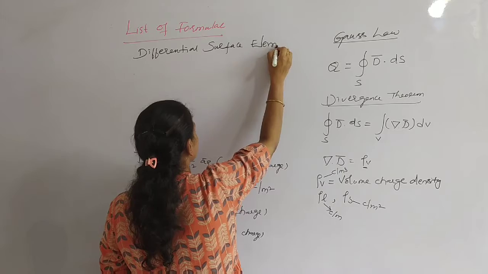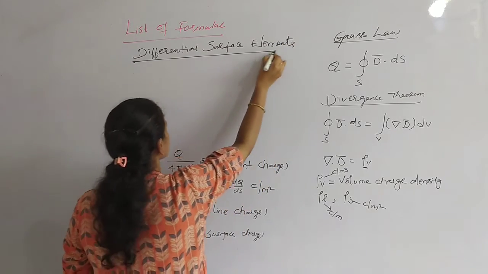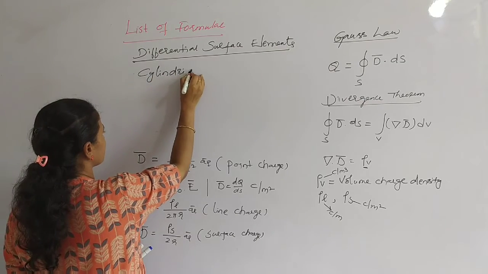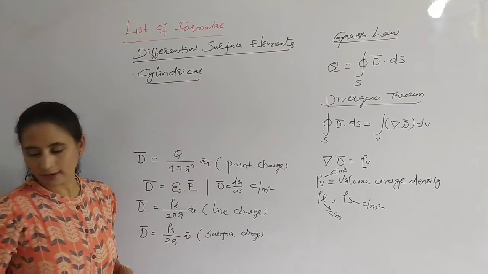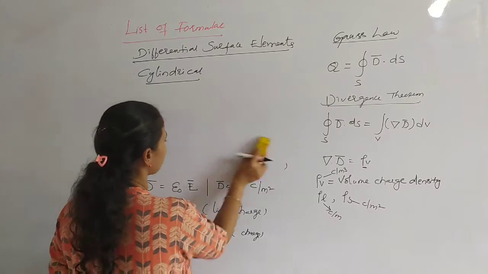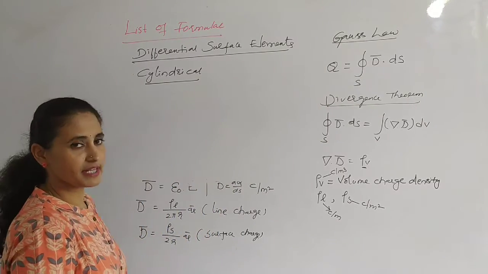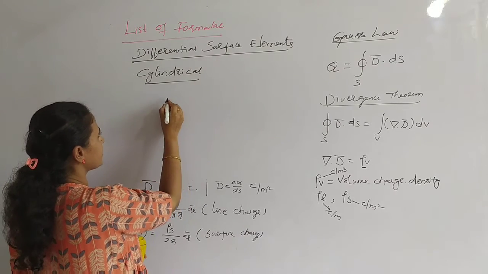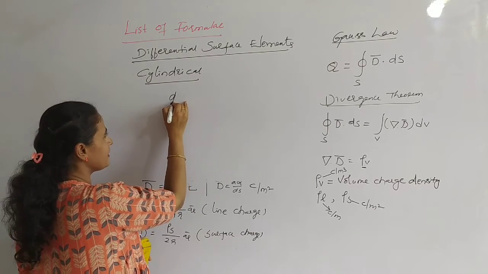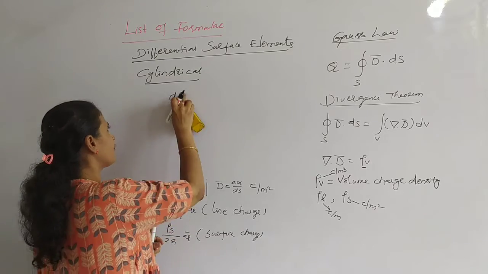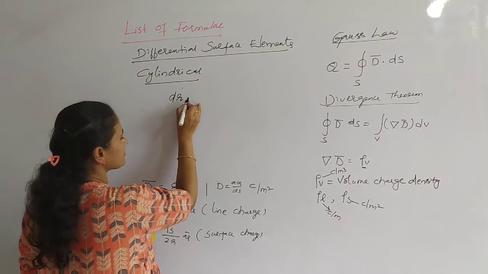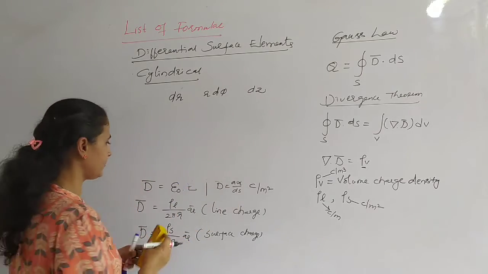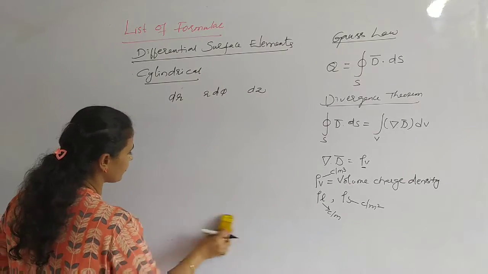There are three differential elements in cylindrical coordinates. Maybe d rho or dr; if you are comfortable with r, I use r only. dr, r d phi and dz are the three differential elements.